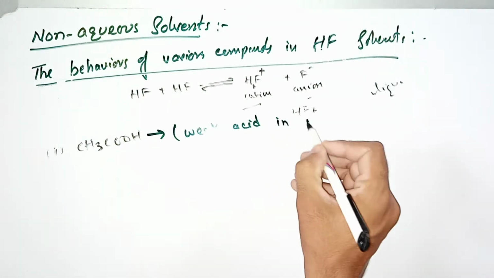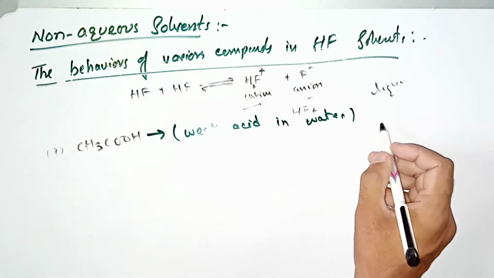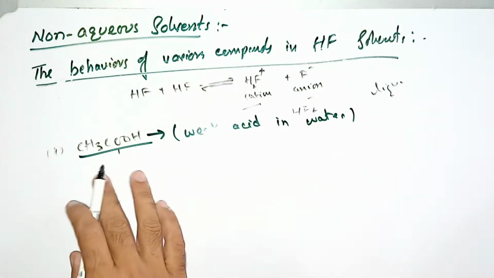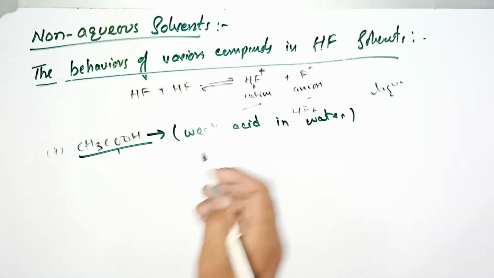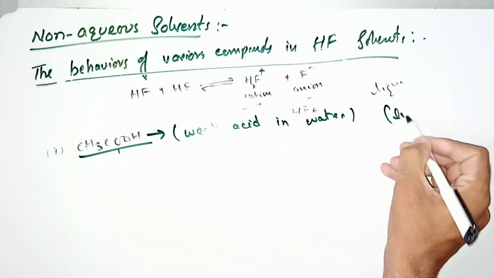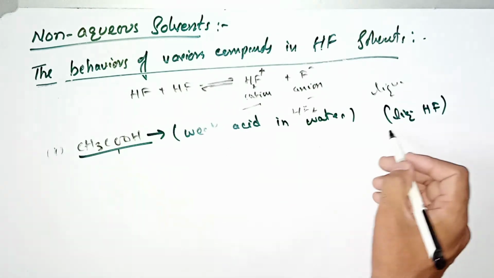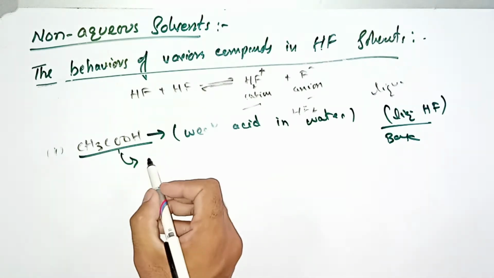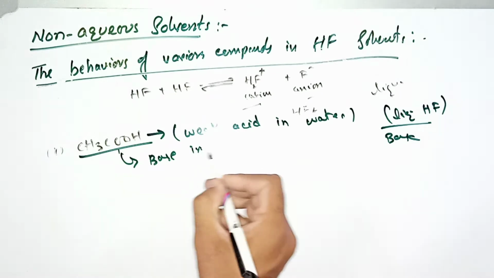It is a weak acid in water, but in HF solvent, in liquid HF, it will act as a base. This CH3COOH will act as a base in liquid HF.